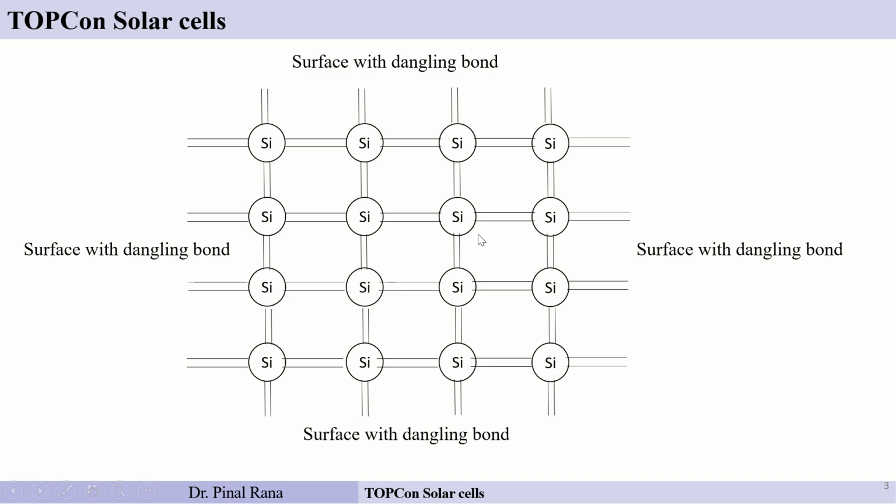However, if you observe, the silicon present at the surface may not create a bond with the adjacent silicon, which leads to the formation of a dangling bond. This dangling bond behaves as a recombination center, which reduces the performance of a solar cell. Therefore, our main aim in the solar cell is to reduce this dangling bond.